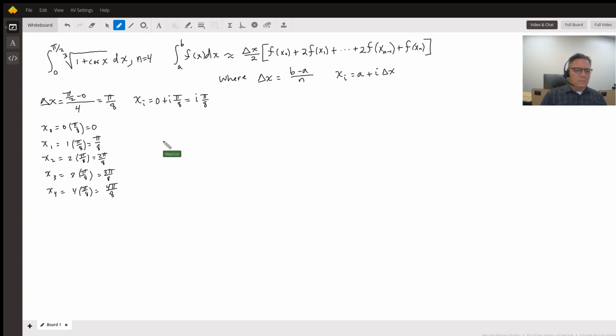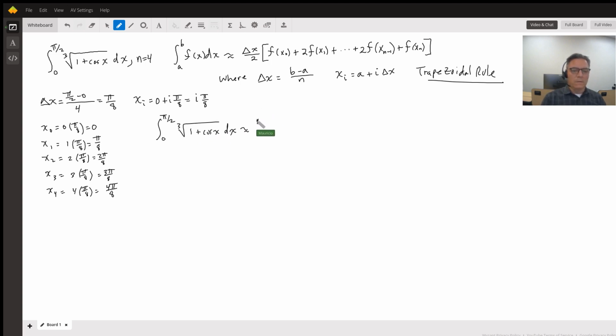So now we apply the trapezoidal rule. This is the trapezoidal rule. And so the integral from 0 to pi over 2 of the cube root of 1 plus cosine of x dx is therefore approximately equal to delta x over 2.